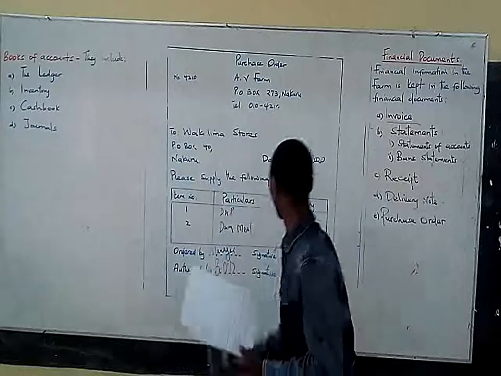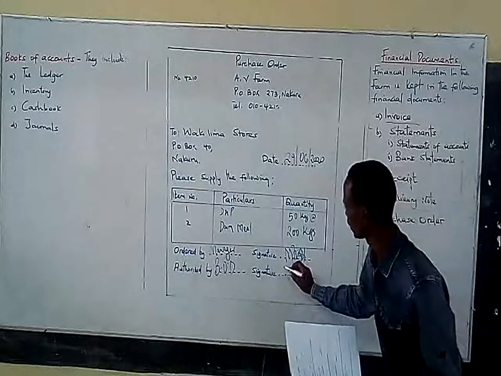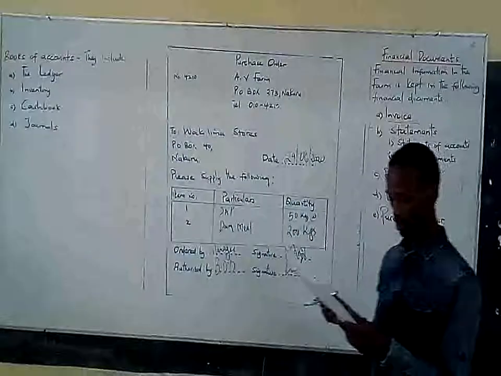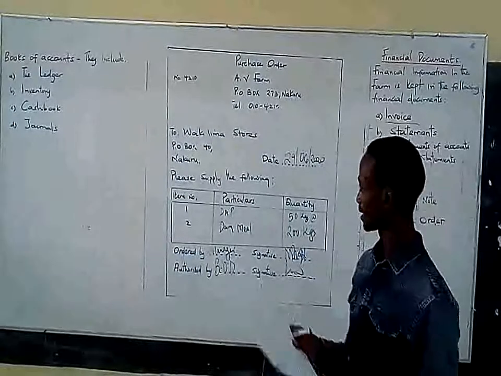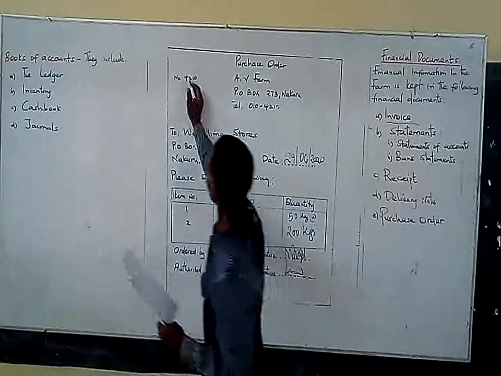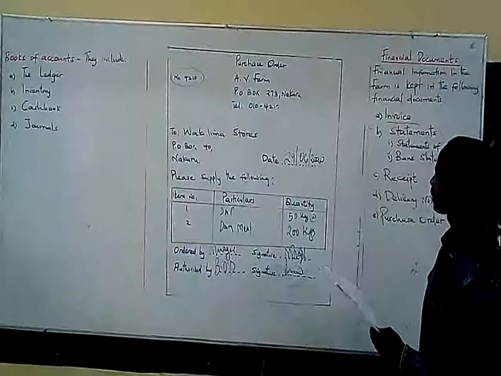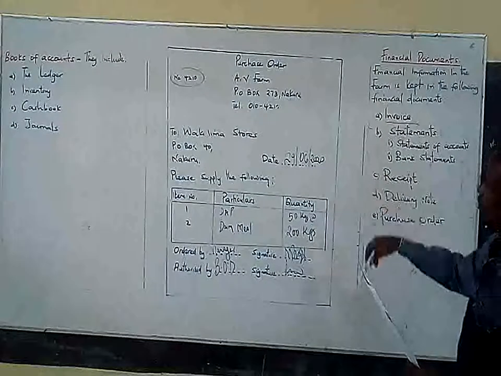Then you are going to have the signature of the chairman of the board over there. Then we have the purchase order number, which is indicated over there. So that is an example of our purchase order.